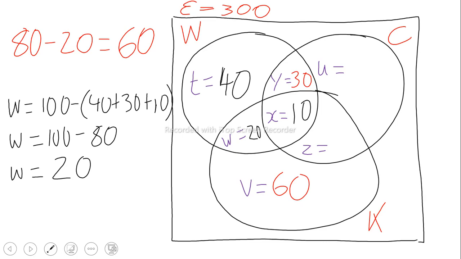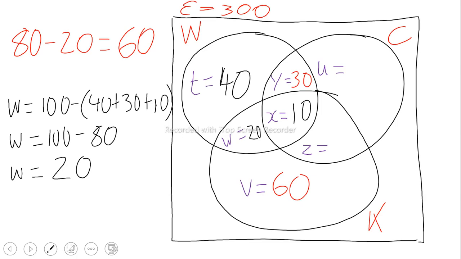Okay, they said that 100 had read the brothers, and we have already gotten W, which is equal to 20, X, which is equal to 10, and the ones who read only the brothers is 60. We subtract 100 minus 60 plus 20 plus 10, and Z is equal to 100 minus 90, which will give you 10.